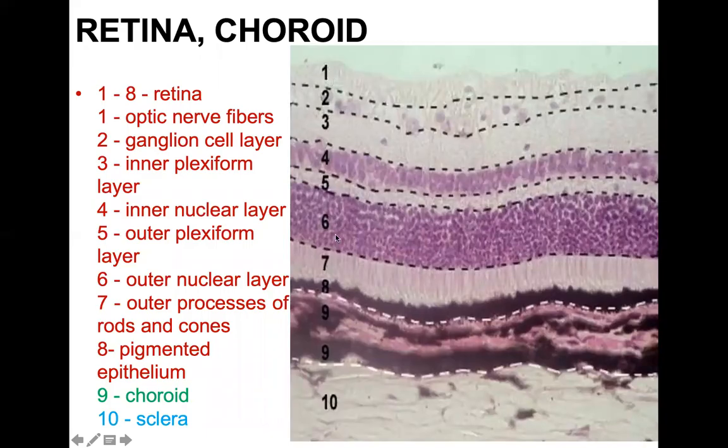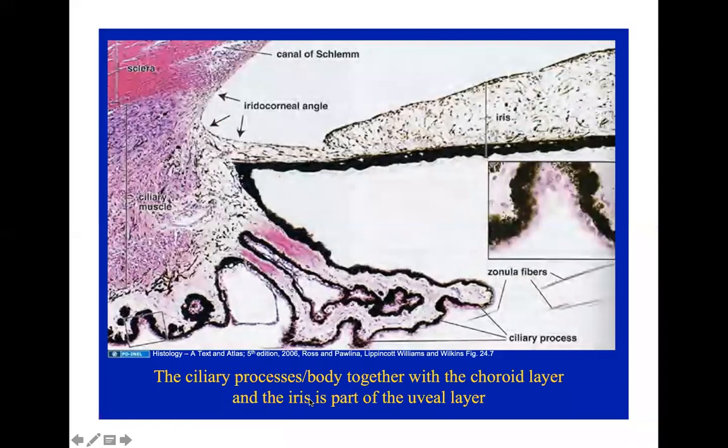So 1 to 8 are the layers of the retina. The 8 is the outermost layer, which is the retinal pigment epithelium, and the 1 is the innermost layer of the retina. So from the retina, you have here the 9, that's the choroid, the middle layer. Okay, and you have your outermost layer, that's the sclera.